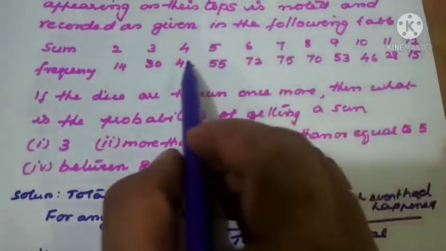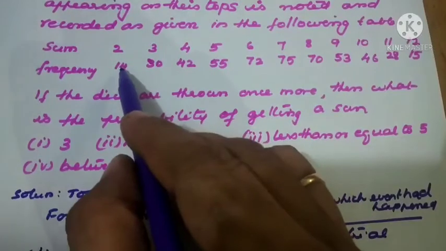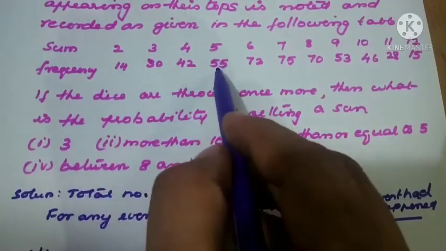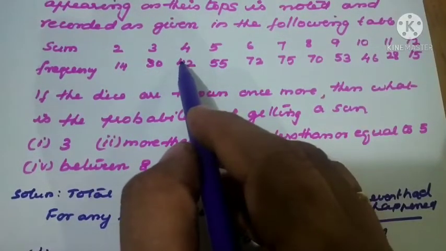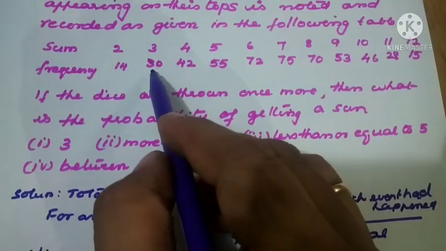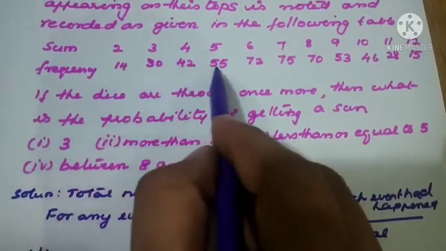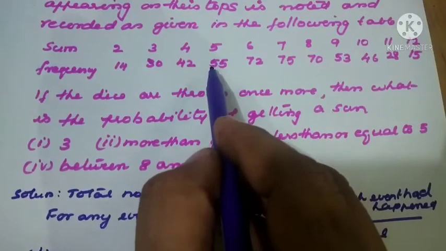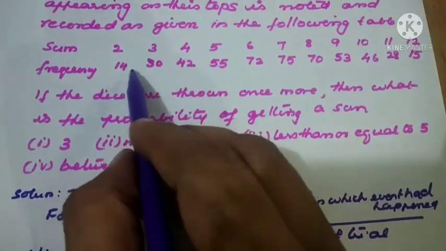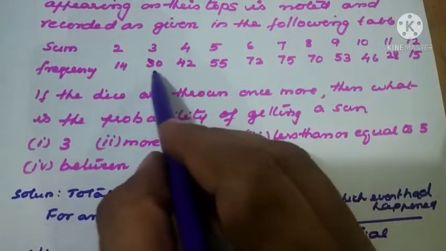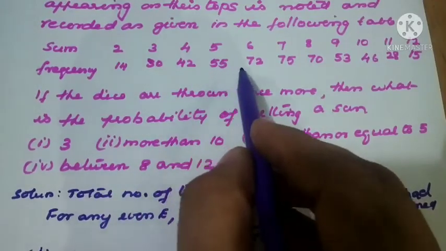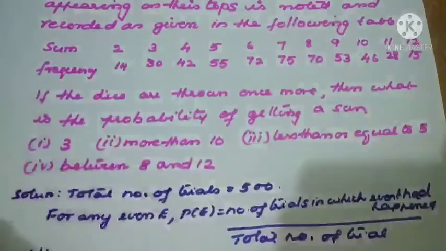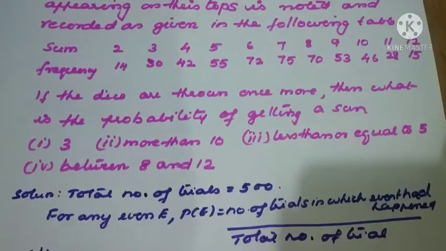So less than or equal to 5 means for 5 it is 55, for 4 it is 42, for 3 it is 30 and for 2 it is 14. All these 4 cases favor our event, right? So we should add these frequencies, that is 14 plus 30 plus 42 plus 55 divided by 500 only.